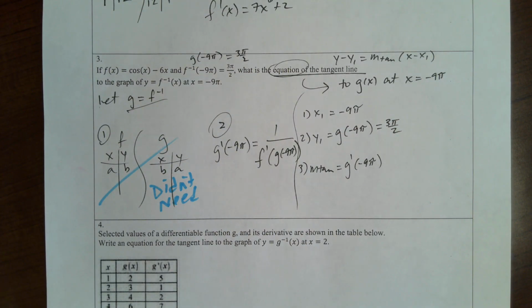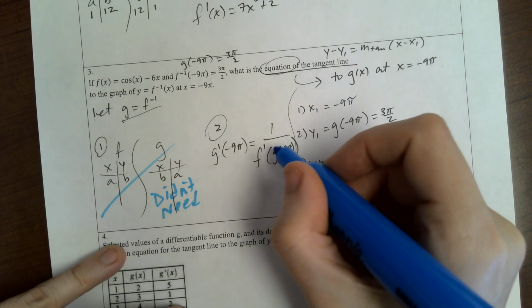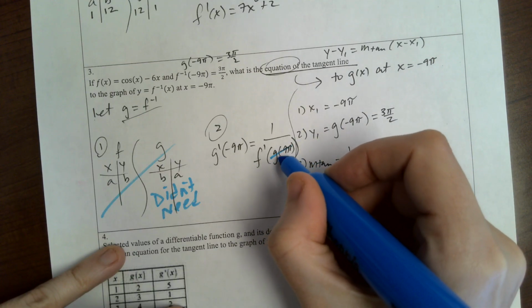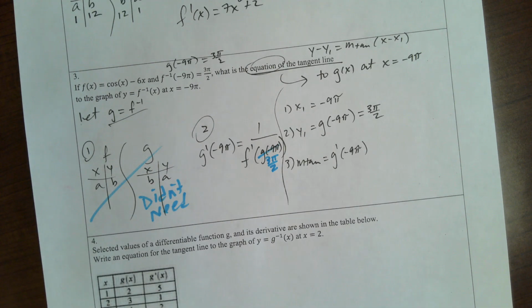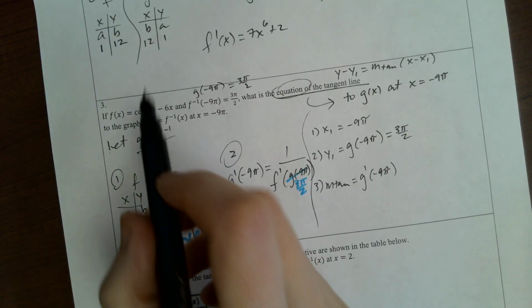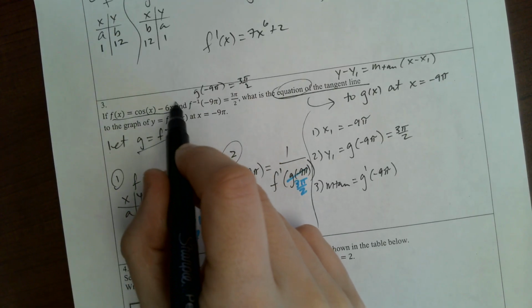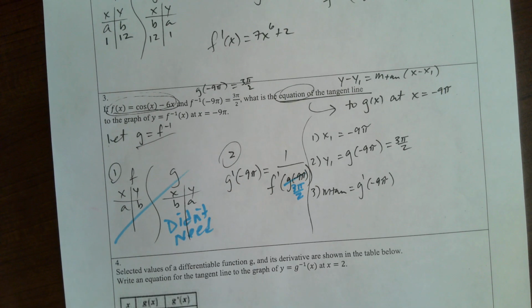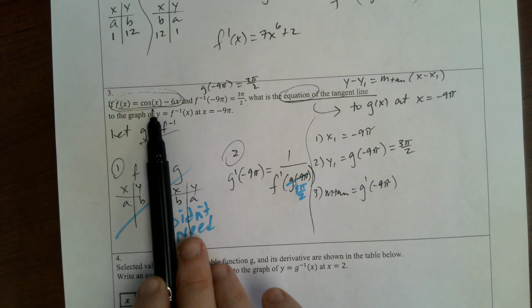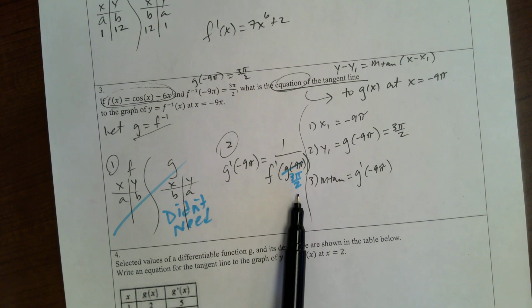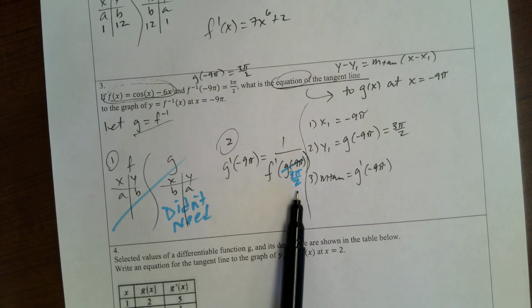Now g of negative 9 pi is 3 pi over 2, so in for this, 3 pi over 2. So I've got to find f prime. There's a lot going on, but we need the derivative of this and then plug 3 pi over 2 in there.